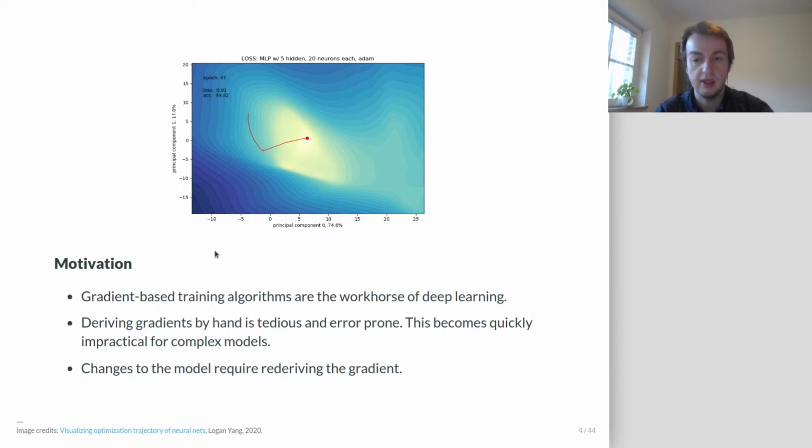In practice, this becomes quickly impractical for complex models, but also, and I think this is a stronger reason, every time we make changes to the model, it would require rederiving the gradient that you would have derived by hand quite laboriously.